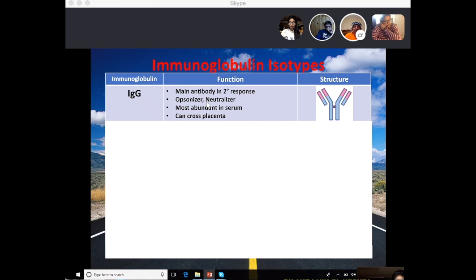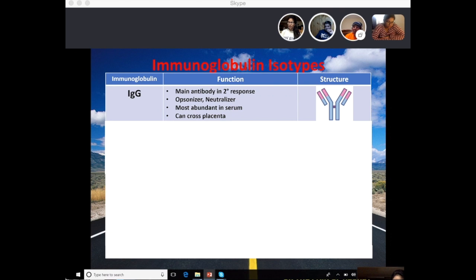Can anybody name the other opsonizer? I'll give you a hint. It's part of the complement cascade. IgE? It's part of the complement cascade.